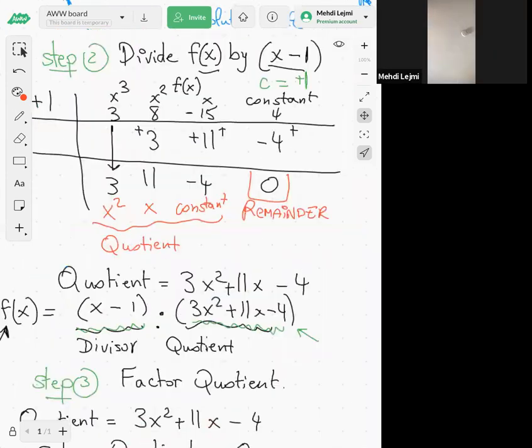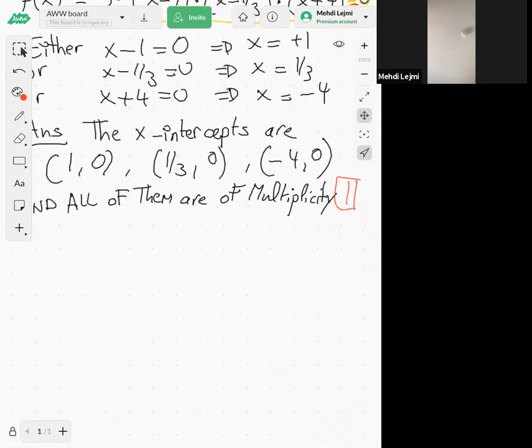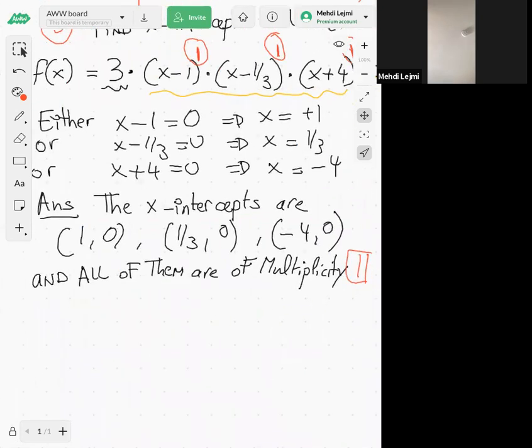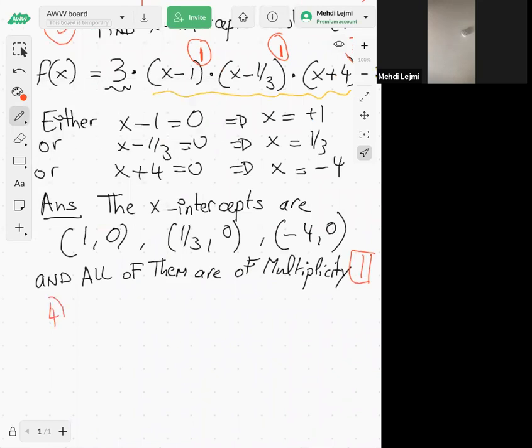So for number 4, guys, you want to find the y-intercept. This is similar to problems 5 and 6 in the homework. For the y-intercept, all you have to do is evaluate f of 0, right? Just plug 0 into the function f.